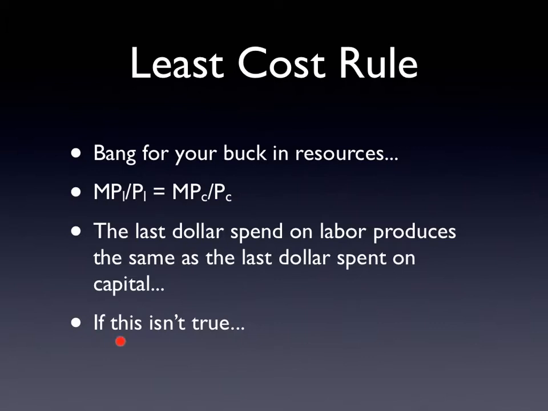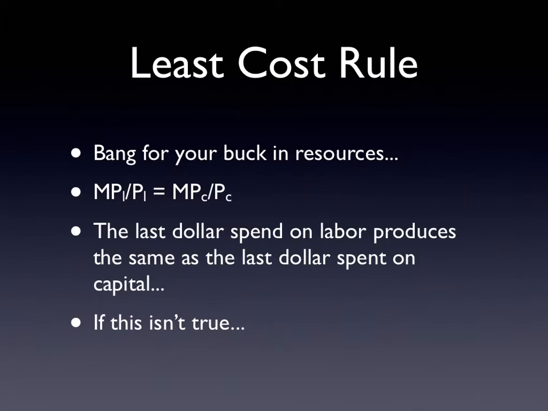If this isn't true, if you have a combination of resources that adds up to our 500, say, and the bang for the buck for labor is greater than the bang for the buck for capital, that is, the marginal product of labor divided by the price of labor is more than the same ratio for capital, labor is a better buy. You're getting more units of output per dollar spent on labor than you are getting units of output per dollar spent on capital.